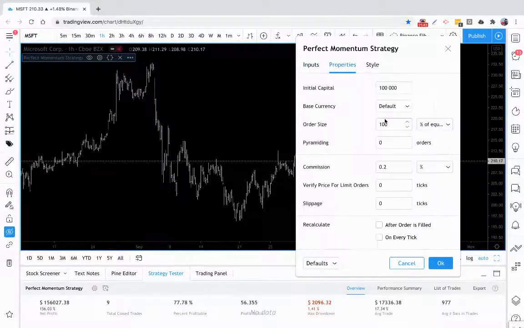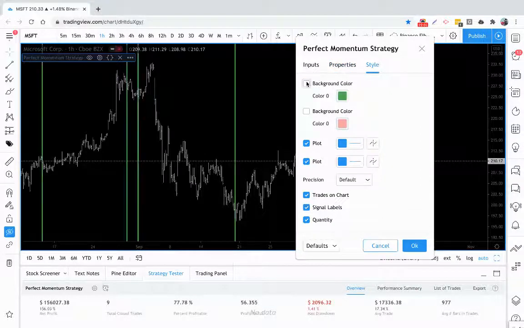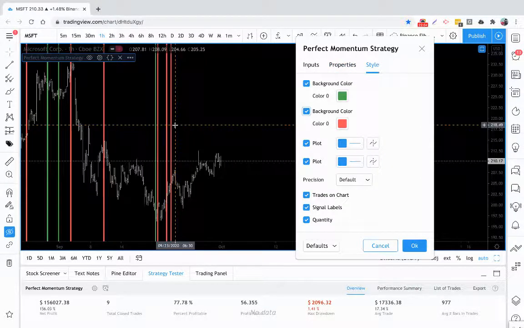You also have a properties tab to define your capital, so you can put your capital here that you're using as a default. You can use compounding with percentage of equity, or you could use a fixed amount if you wanted to over here. You can set your commission, your slippage. You have full control over your entries and exits.